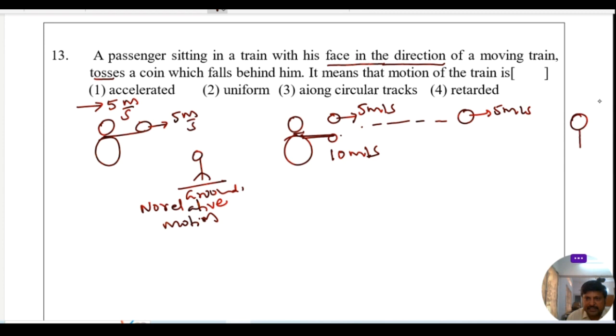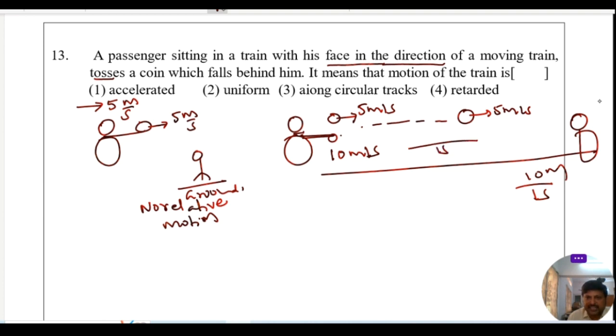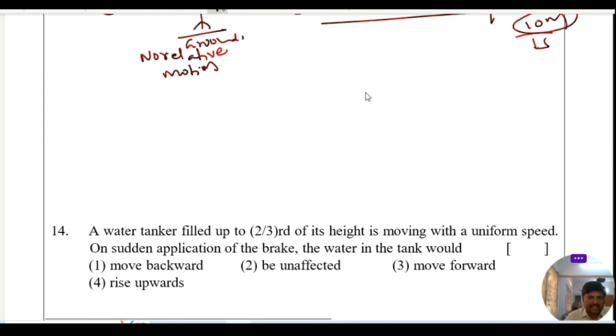That means in 1 second, the passenger covered 10 meters. But in the same 1 second, the coin covered a distance of 5 meters. That's why the coin falls behind the passenger. When is this possible? It means the motion of the train is accelerated. Because the train is accelerating, in 1 second it covers more distance. That's when the coin falls behind the passenger. So option 1 is the right answer.